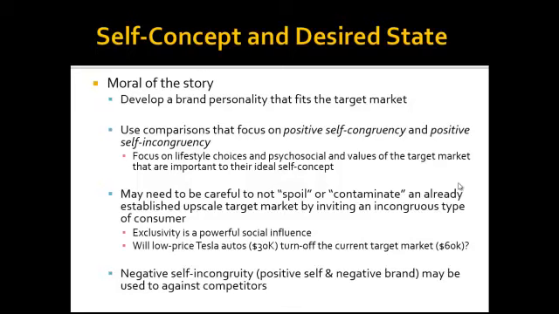In doing positive self-incongruency, you have to be careful, I think. The third point is not to spoil or contaminate an established target market by inviting a different group of people, whether it's socioeconomic status or whatever, into an already established personality group.